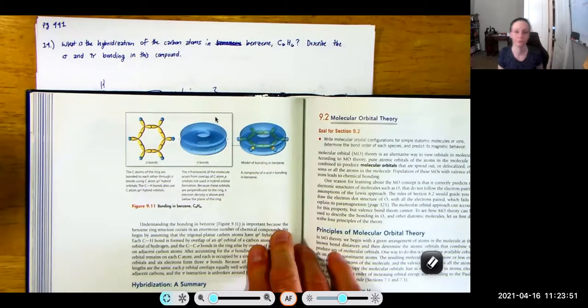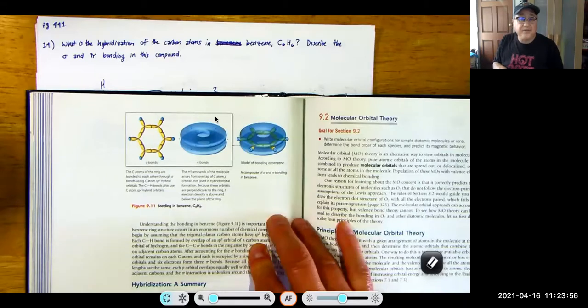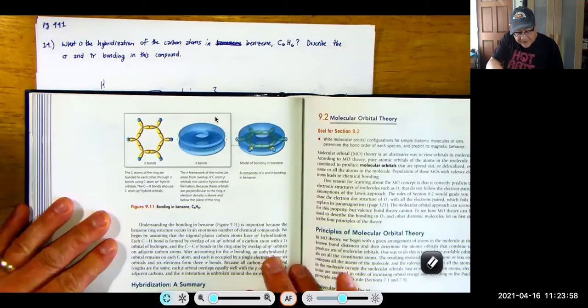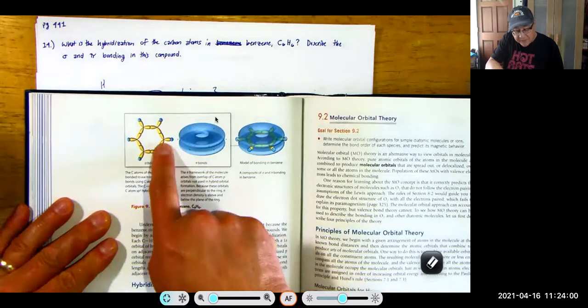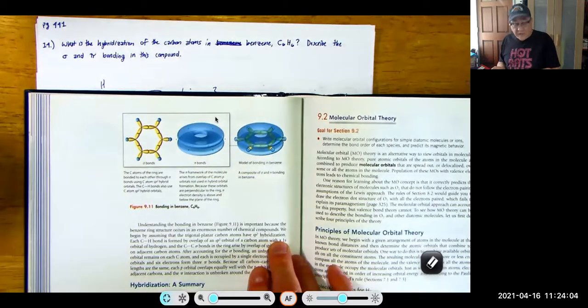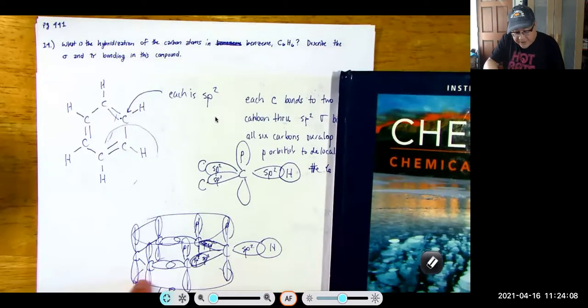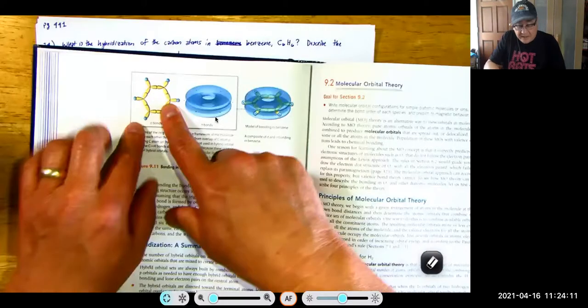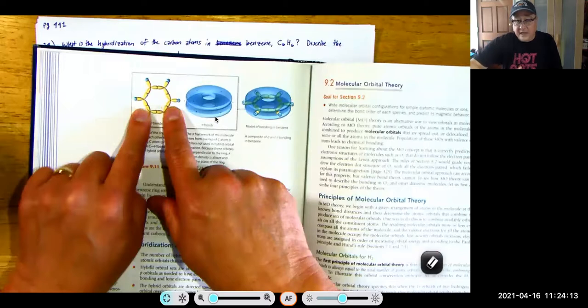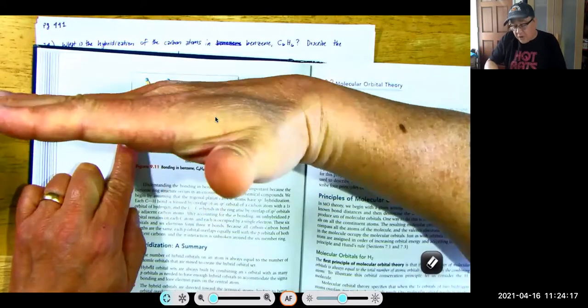That's the overlap of the top of the p orbitals and the bottom of the p orbitals. And you see this? This is each one being sp3 hybridized, bonding to a hydrogen atom. For me, I only drew one of them. I didn't draw all of them. And you see that they took this guy and they rotated it like this. So you're looking at it from the side now in this drawing here.